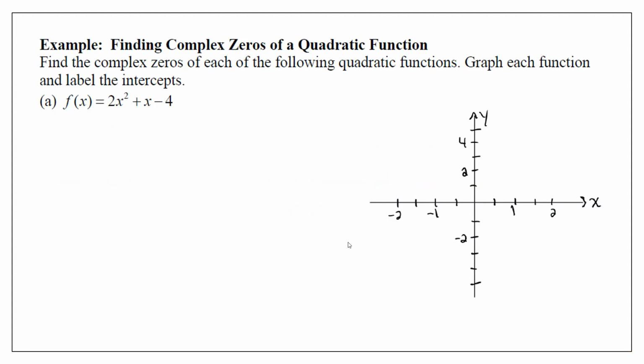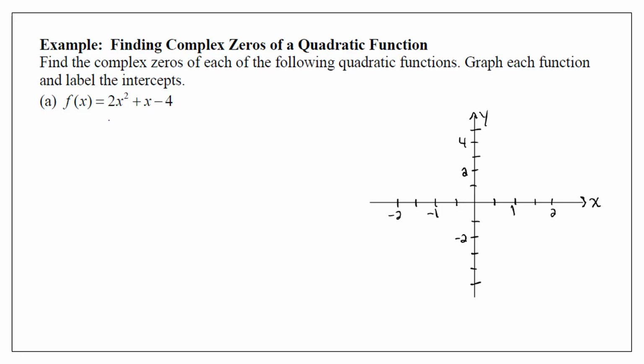So in these next examples, we are asked to find the complex zeros of each of the following quadratic functions, graph each function, and label the intercepts. But now we're going to use the quadratic formula to help us. So we have f of x equals 2x squared plus x minus 4.